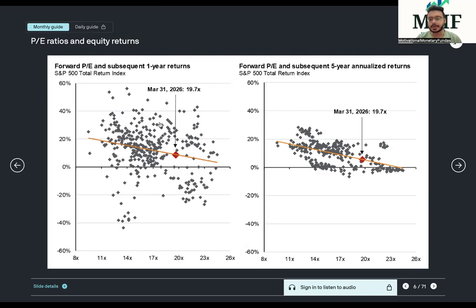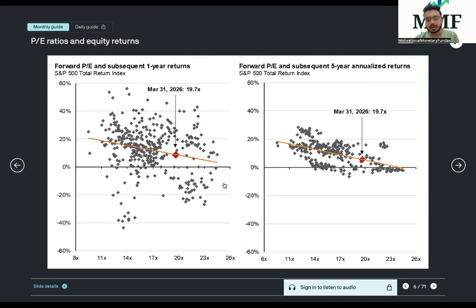So based upon this chart, it's basically telling you the lower the multiple you enter into, at a lower price to earning multiple you enter into, higher is the expected return. This graph for the valuation is going down. So currently we stand at 19.7, for example, correct? So as we go down the valuation, the expected future return begins to magnify.